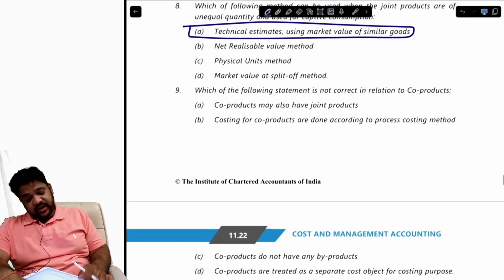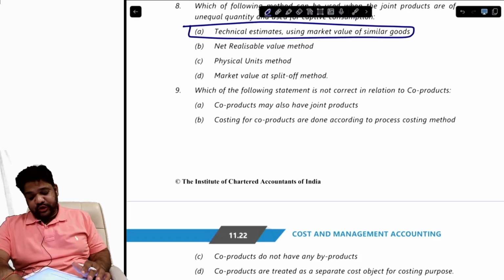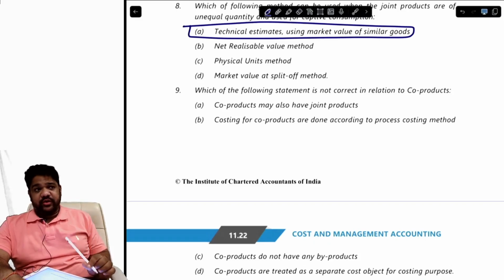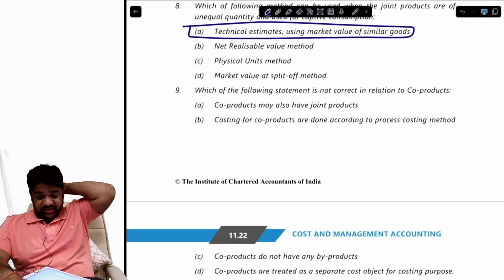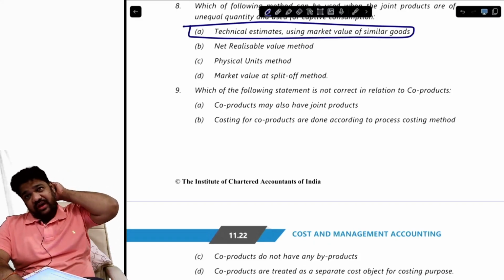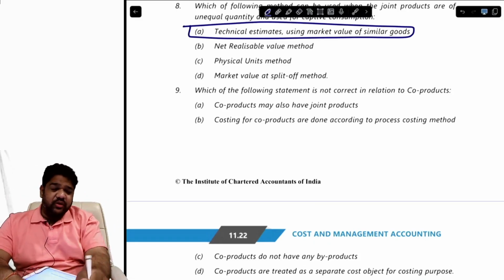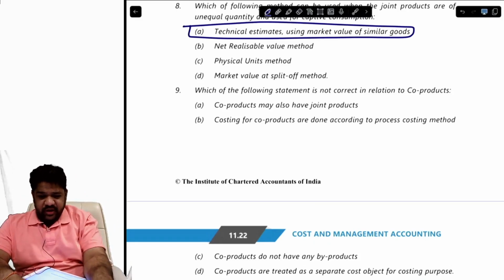Now, the ninth one, which of the following statement is not correct in relation to co-products? Nice. Co-products may also have joint products. Possible. Costing for co-products are done according to process costing method. Now, if you have one product, then yeah, you can do it as per process costing as well.